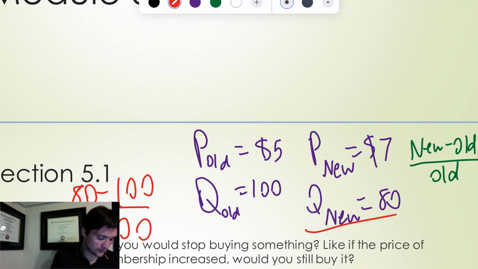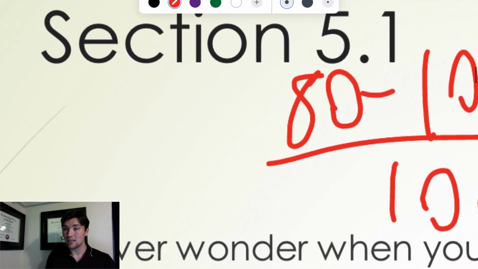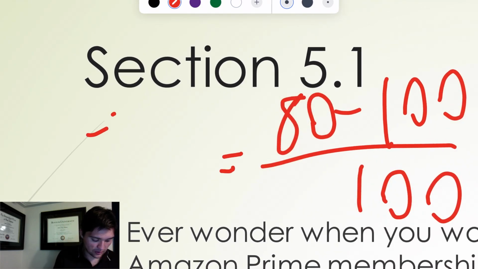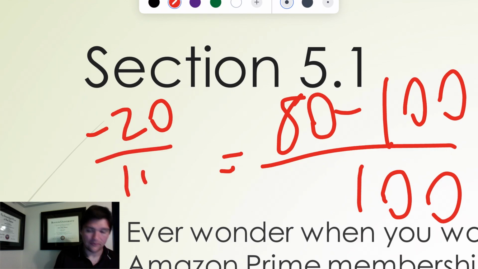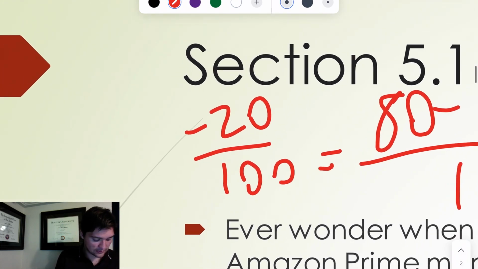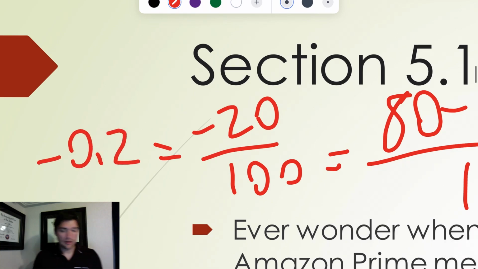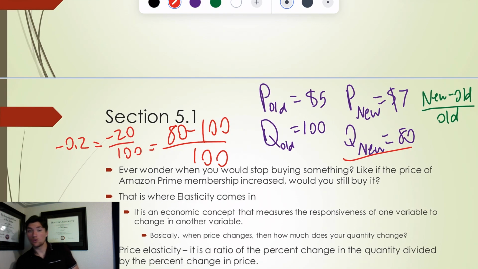If I do the math here, 80 minus 100 is negative 20, divided by 100. If you put this in your calculator, that's negative 0.2. So instead of saying quantity decreased by 20 pounds, you can say it decreased by 20%.